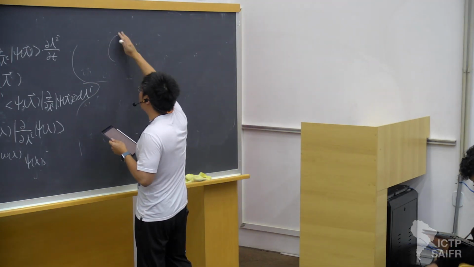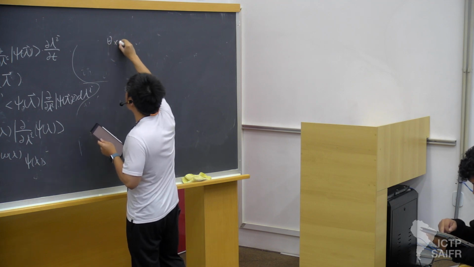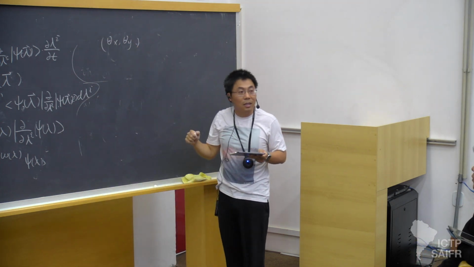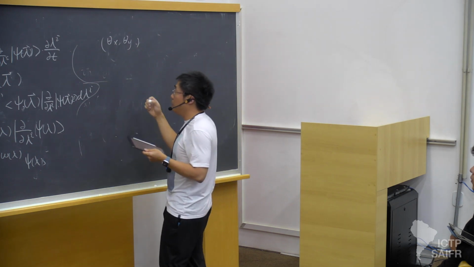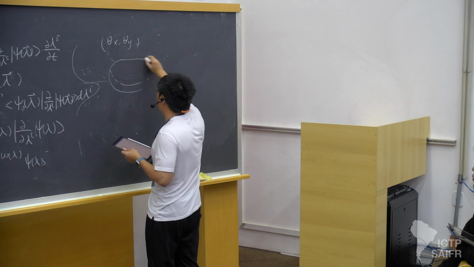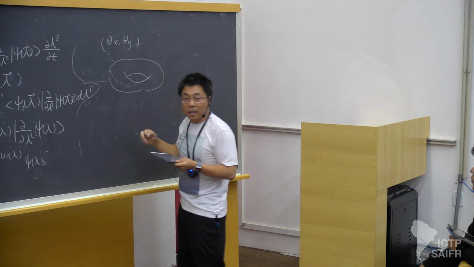Remember in our Chern number case, we have theta x, theta y, right? That's my parameter space. Then those theta x and theta y are periodic, right? So what we can have is really a torus for the theta x and theta y space.